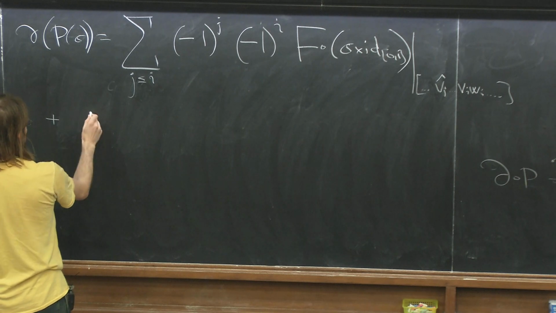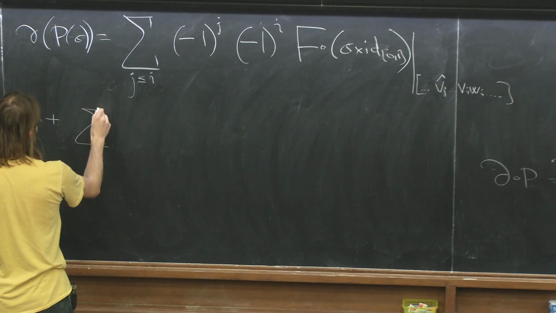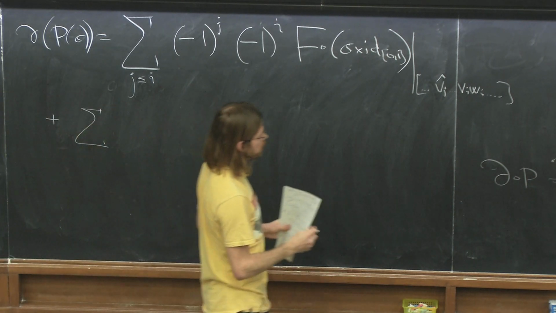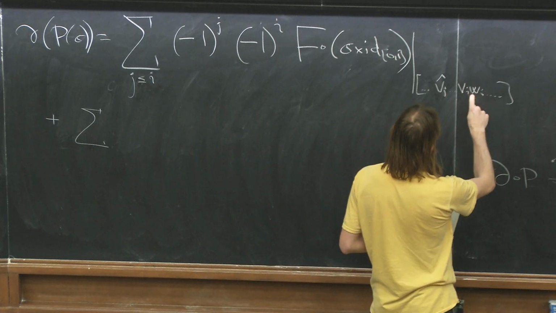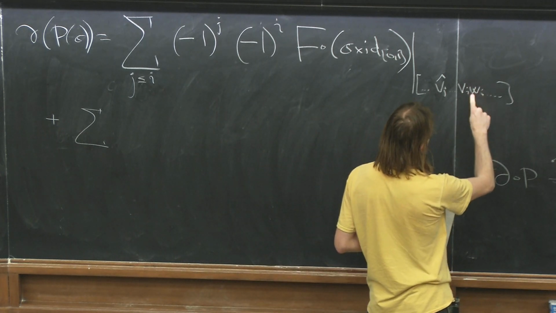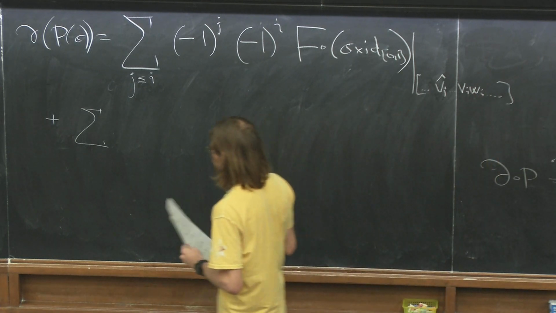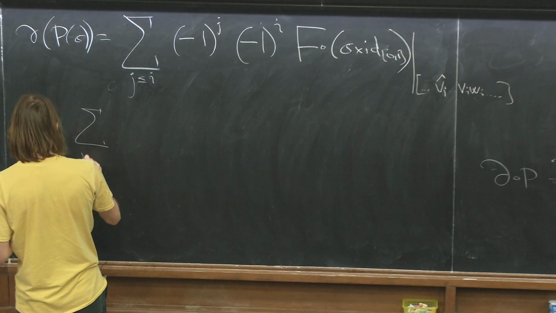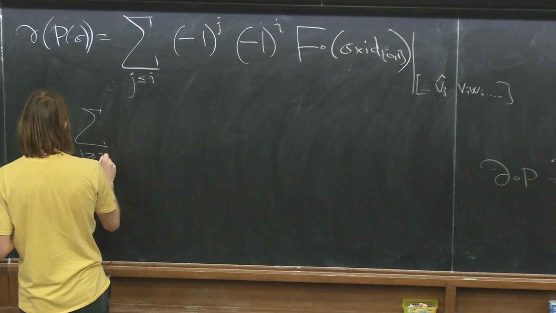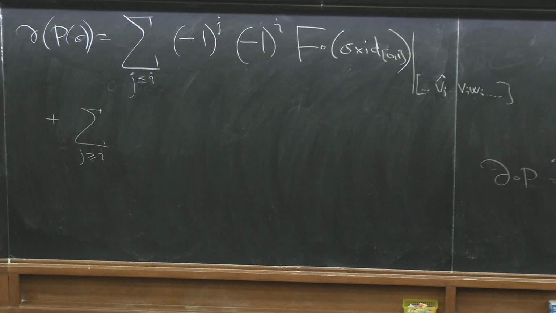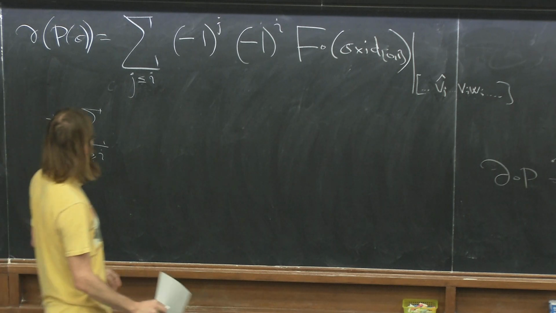And then there will be a sum of terms where we remove some of the w vertices. This we can write when j is greater or equal than i.